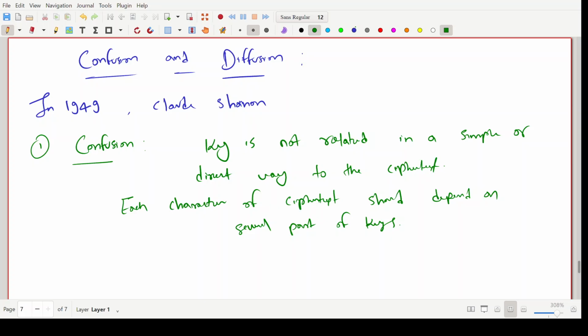So you can see that the idea is to hide the relationship between plain text and key.